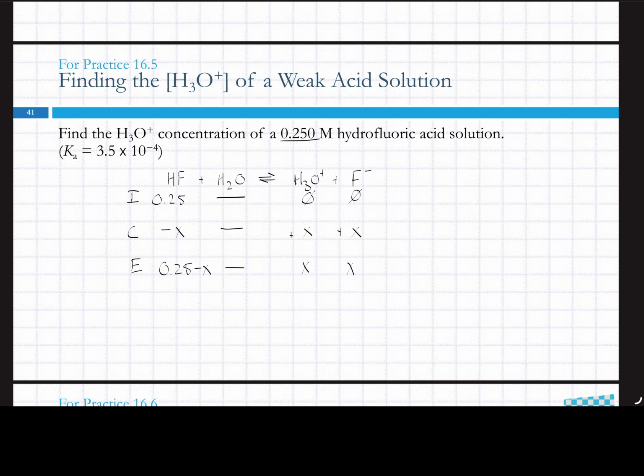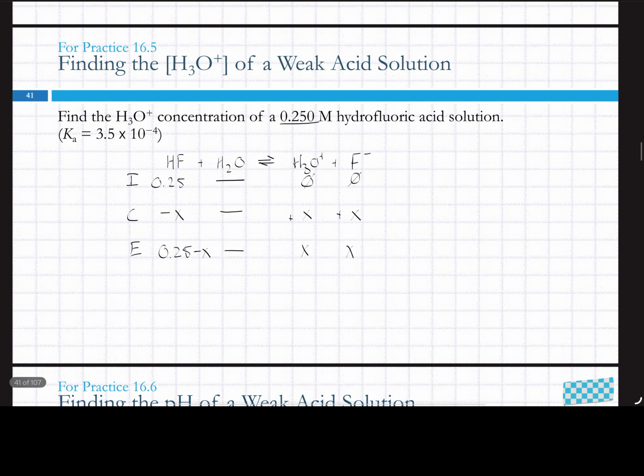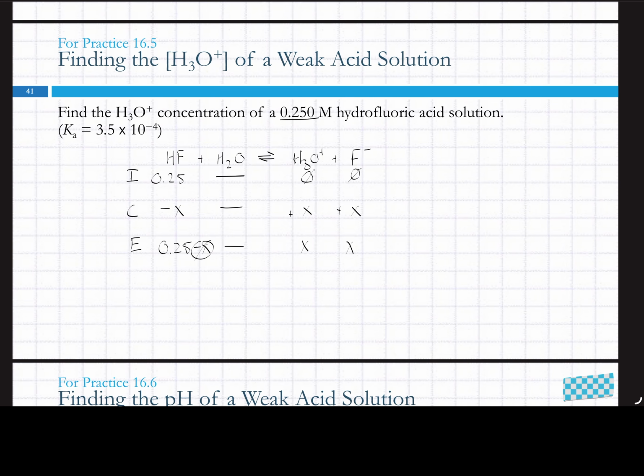And then we always want to be looking for a small x approximation if possible. Is it reasonable to assume that a small x approximation would work for this problem? Yeah, 10 to the minus 4 is my K, and we've got a decent sized concentration of hydrofluoric acid. So definitely worth trying. So I'm going to say basically the change in HF doesn't really matter. It's negligible.